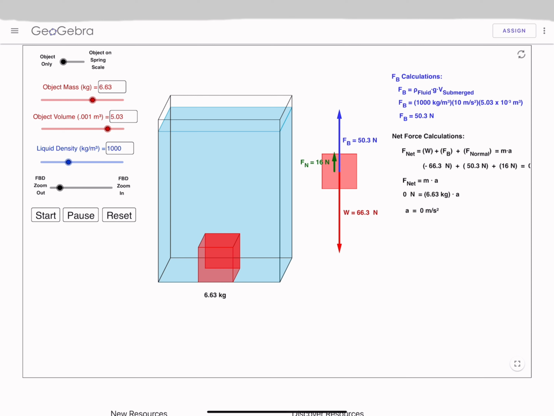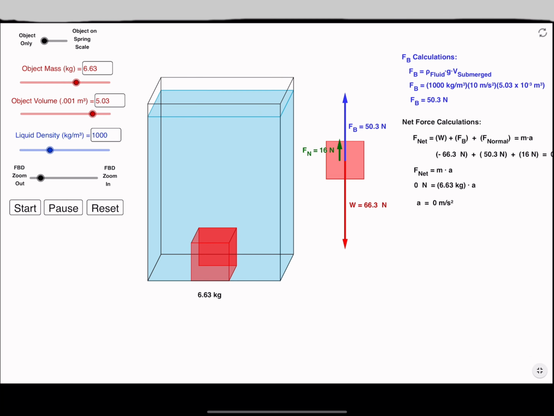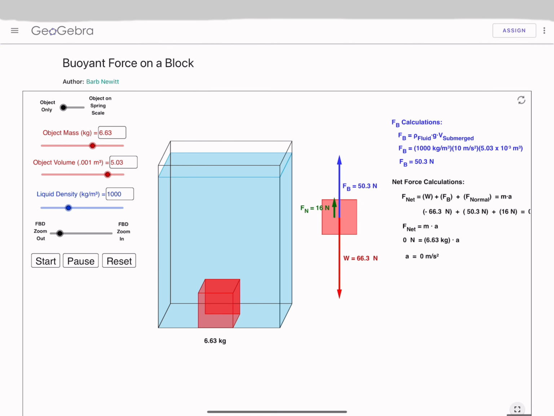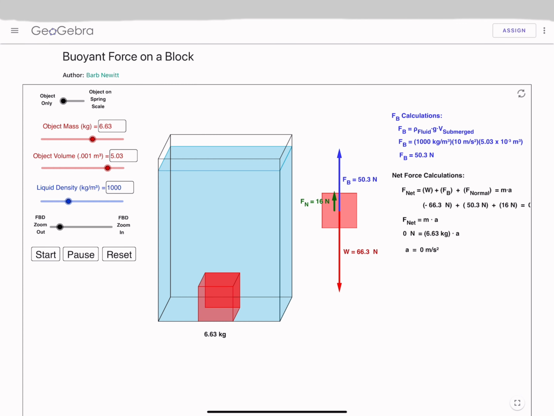And when it is at the bottom, again, with a very simple thing, you have the situation of your calculation. As you can see here, the upward force is the contact force of 16 Newton, and here you have the upthrust, which is 50.3.